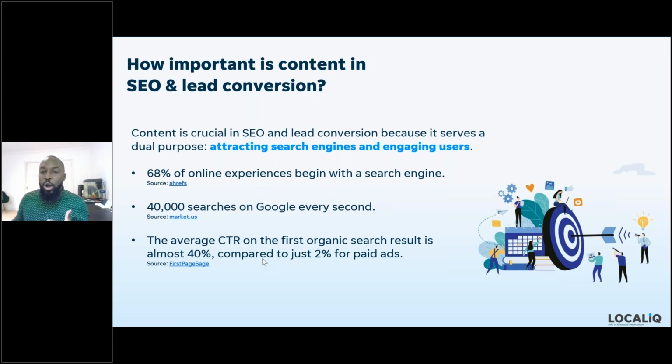And again, by offering valuable information that meets potential customers' needs, you're building trust and engagement, and all of those things are going to lead to more sales. And when SEO and quality content work together, your website can attract people that are already interested in what you have to offer.